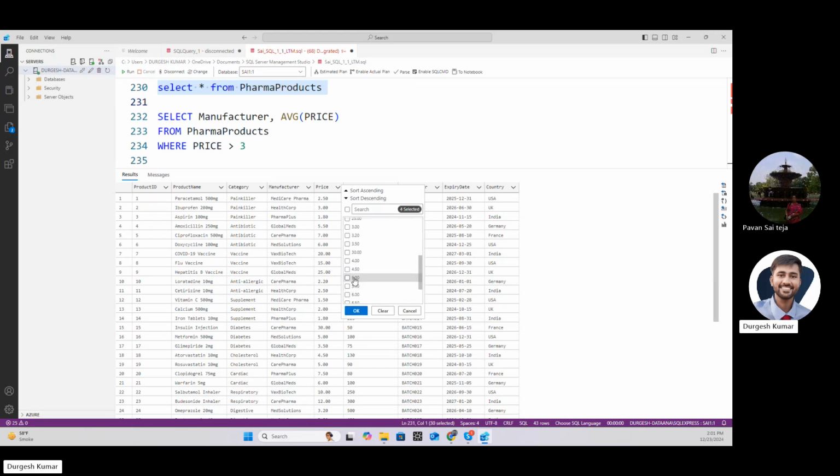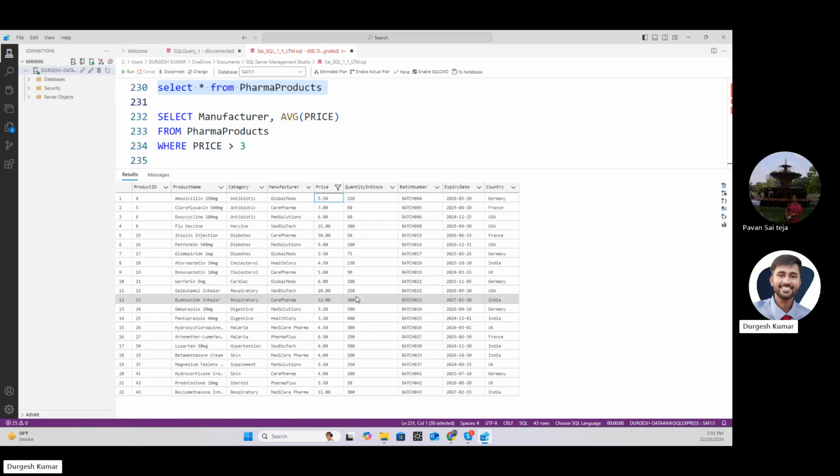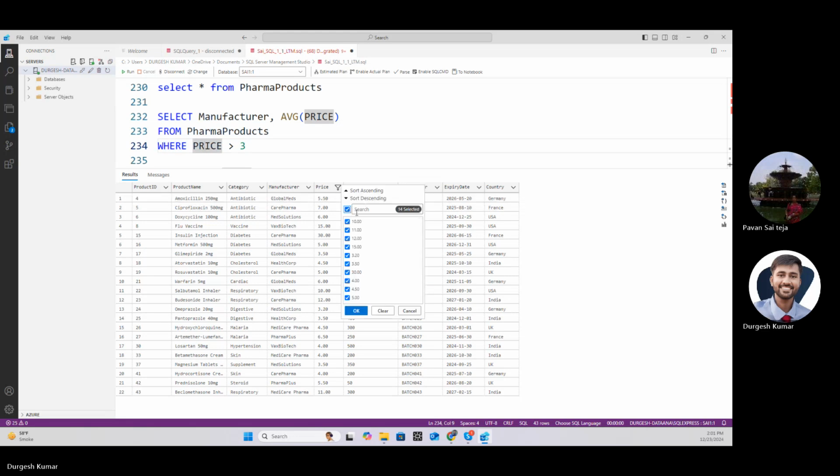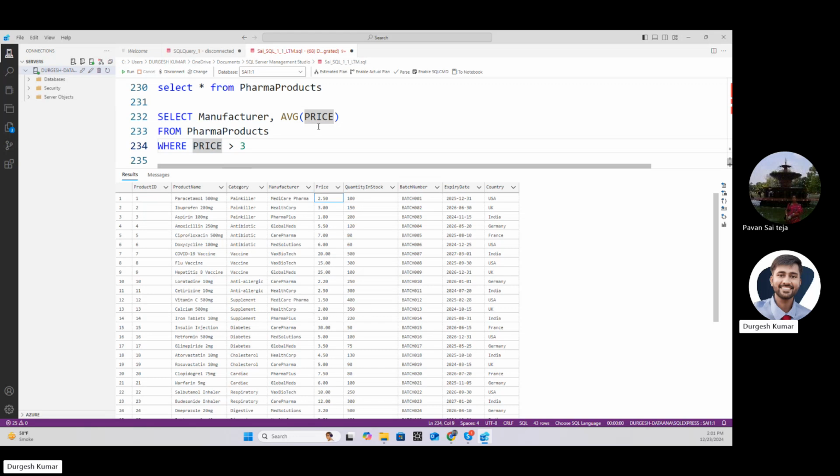Not 2, 3.2, like this. So this is how this query is working. But when you pass only this average price, you are saying to the WHERE clause: filter my table by taking average price greater than 3.